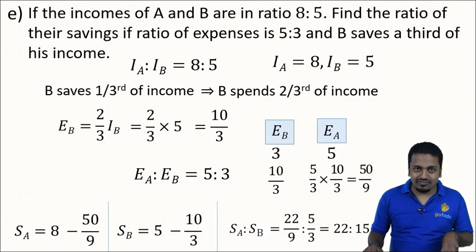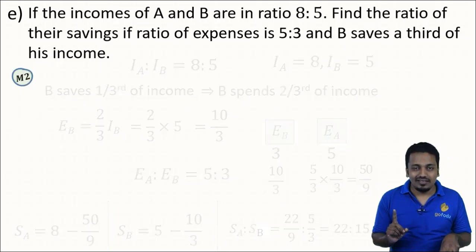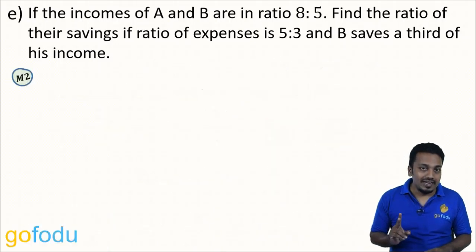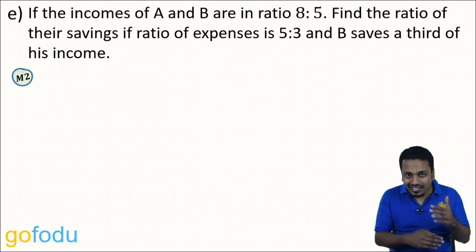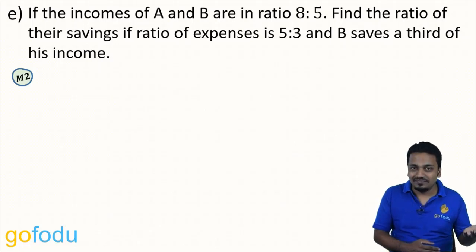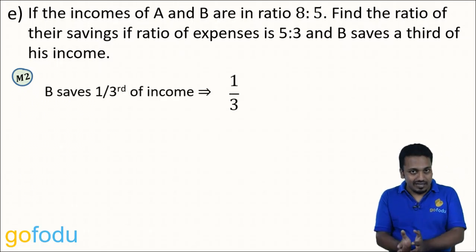We'll solve this case with one more method. I'm calling it method 2. It is not entirely different. We'll be doing the same thing but in a different way. B saves 1/3 of his income.